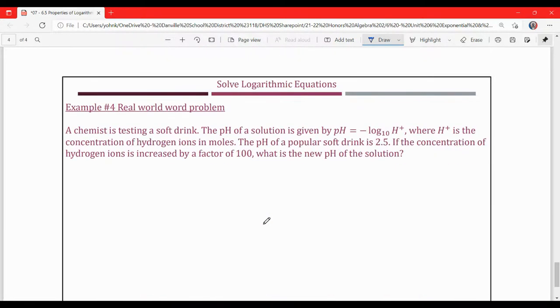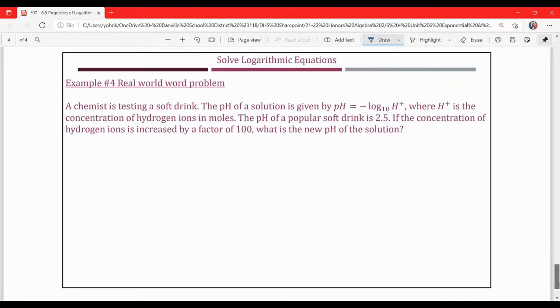All right, last question. A chemist is testing a soft drink. The pH of the solution is given by pH equals negative log base 10 of H plus, where H plus is the concentration of hydrogen ions in moles. The pH of a popular soft drink is 2.5.